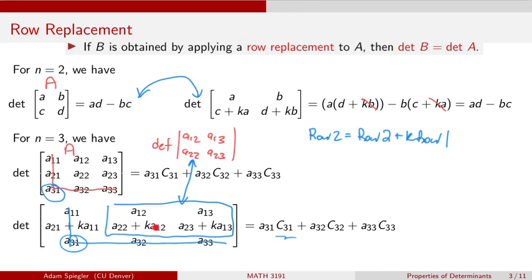So the determinant of this matrix below with this row replacement is going to be exactly the same as the determinant of the matrix we had originally with A. All of these cofactors are just row replacements of the cofactors we had up here, so their determinants are not going to change, and the values of these cofactors are not going to change. Therefore, the determinant of matrix A up top is exactly equal to the determinant of the matrix below after doing that row operation. So here we can see that row replacement has no effect on the determinant of the matrix.